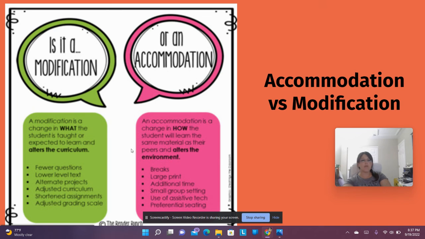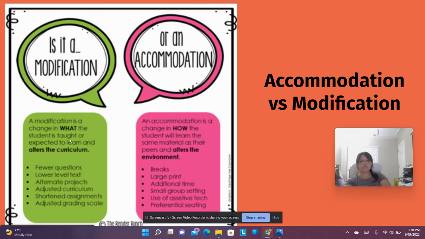Okay. But if I'm changing what the student is expected to learn, if I'm altering the curriculum, the lesson, the instruction, the demonstration of learning, any part of that, then that is actually a modification. Okay.